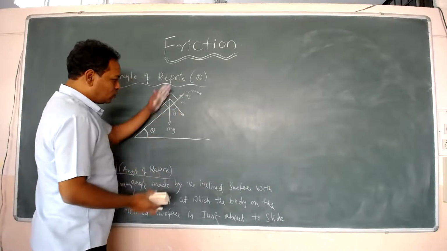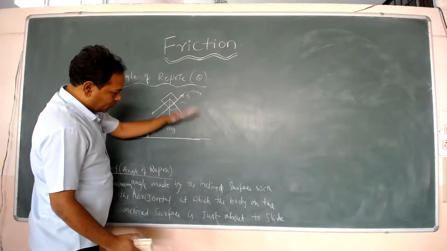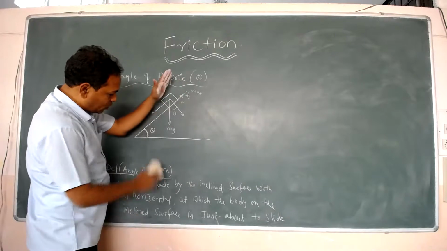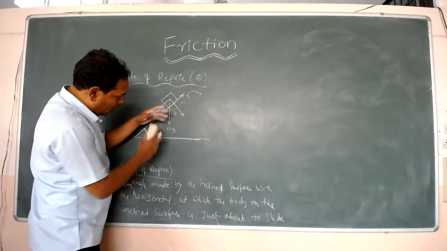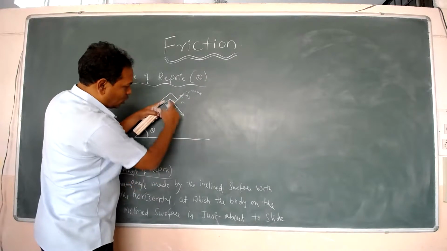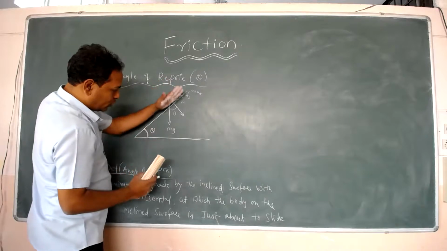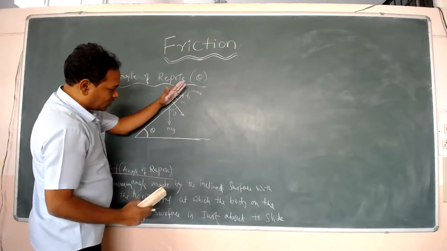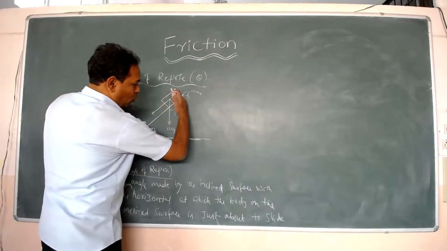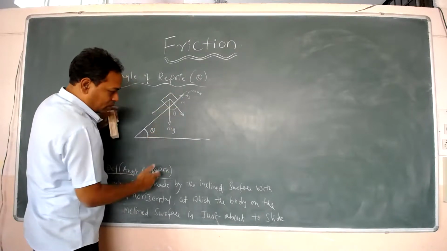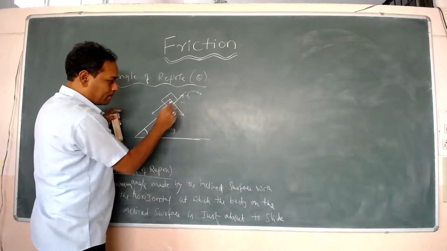Why? Because if this inclination is making down, this angle will become 0. At that time, the normal that we have drawn will also come in this direction. So both these angles are equal.